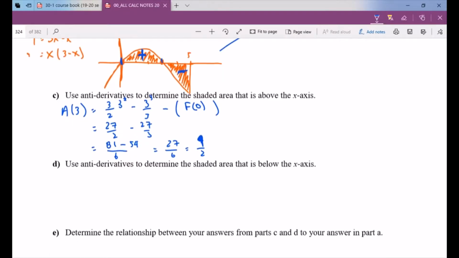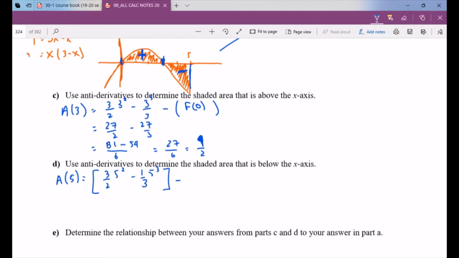D says to use the antiderivatives to determine the shaded area that's below the x-axis. We can call this A5. It equals 3/2 times 5 squared minus 1/3 times 5 cubed, so that's the antiderivative at 5.